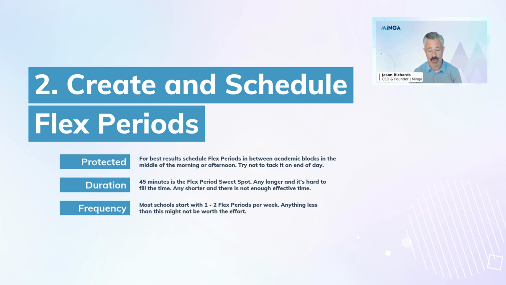But if you go any shorter, the chaos of everyone getting to where they're going, especially as you're building this culture, is going to eat a lot into the effective time of the actual period itself, and so you won't get the return out of it. So think of that 45-minute window as a really great sweet spot.